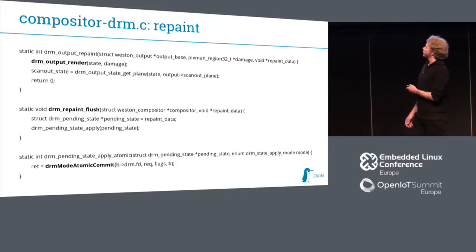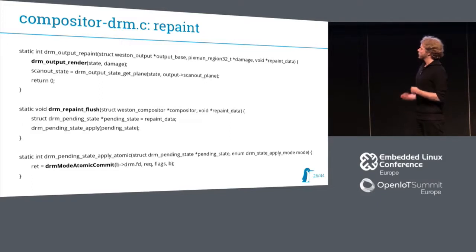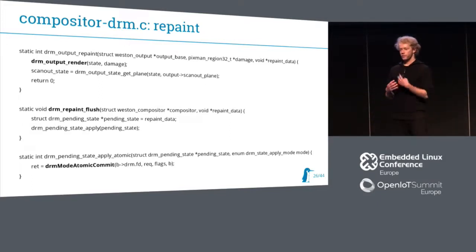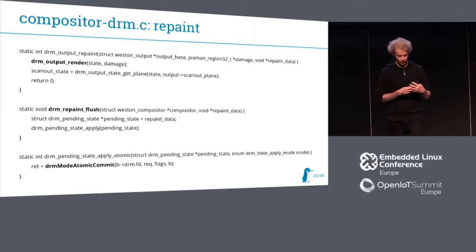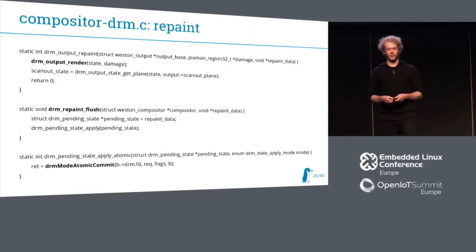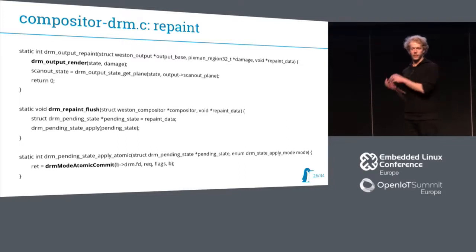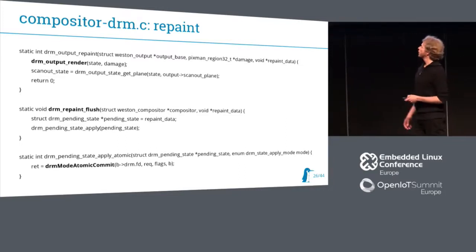So we have the rendering separated from our flushing to the hardware, and the flushing actually does a DRM mode atomic commit. So Weston uses the atomic commit API for DRM, so it can directly change all the planes at once.